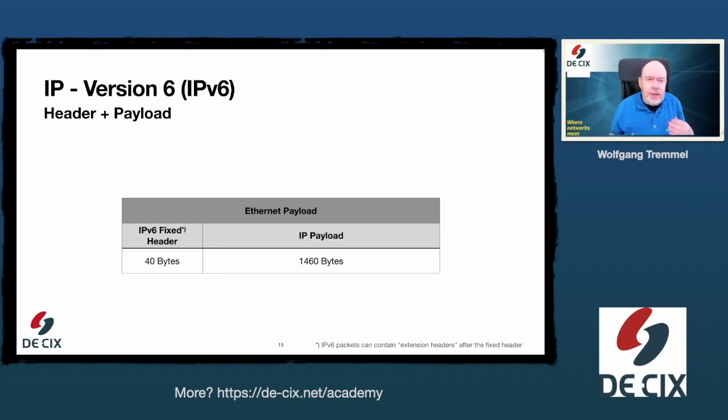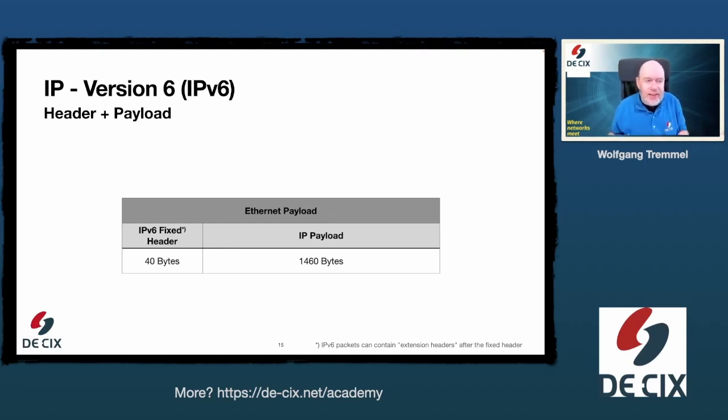And yes, IP version 2 and 3 also did exist, as far as I know, only on paper, but the numbers were considered to be used. So in reality, we have IP version 4, the old protocol, and we have IP version 6, the protocol currently, hopefully, mainly in use soon.